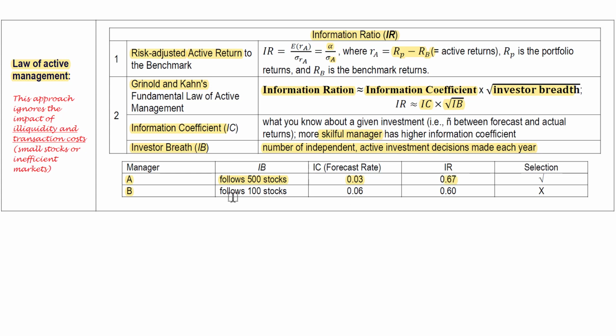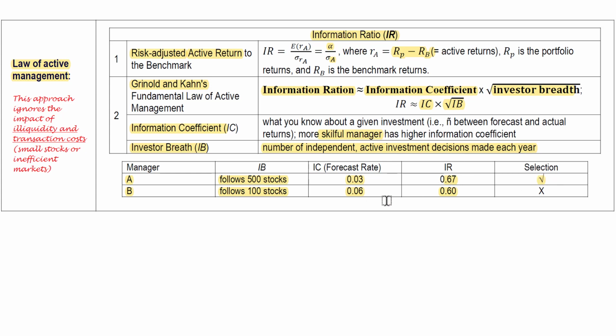For portfolio manager B, the manager had 100 trials, 100 stocks, and IC is 0.6. So this one we got 60 out of 100. Which means that portfolio manager A had a higher IR, so you probably will select that.